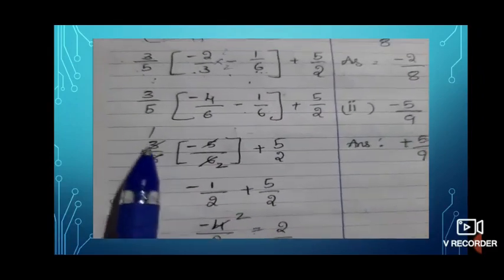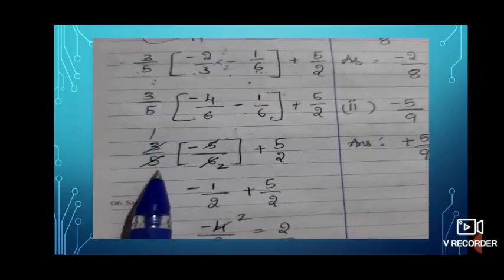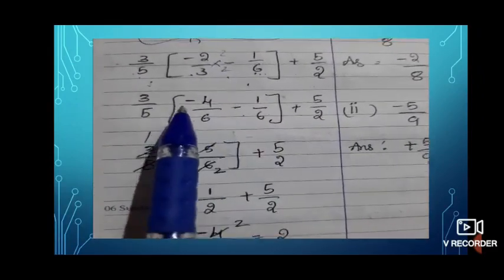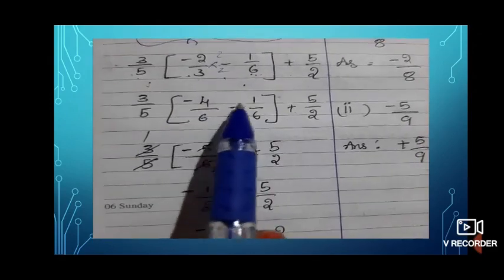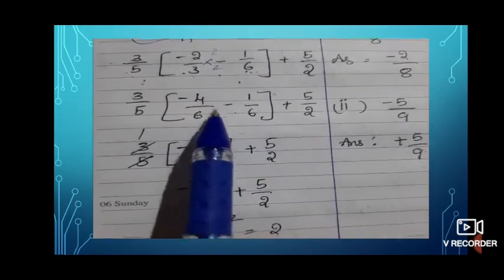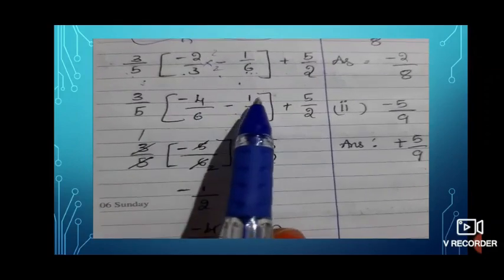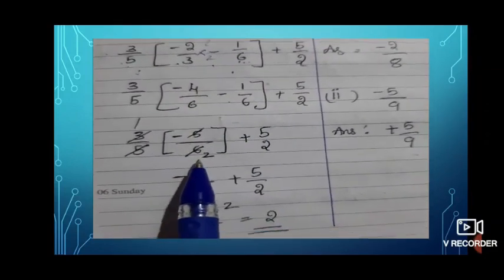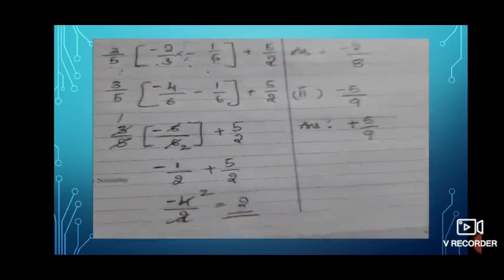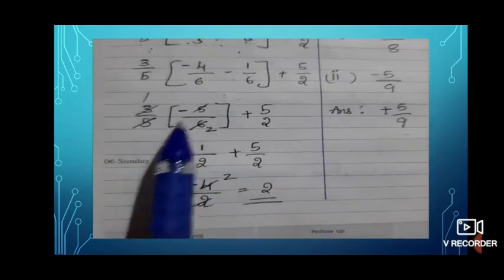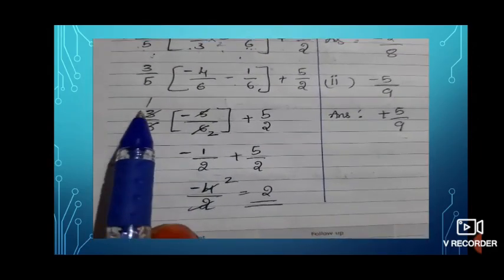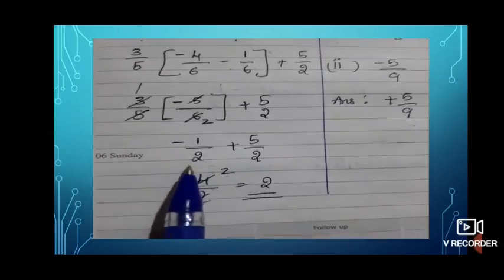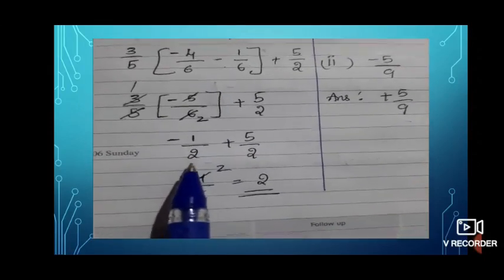Now plus 3 by 5 stays as it is. Inside, because the denominators are equal, we can add the numerators: minus 4 minus 1 is minus 5 by 6, plus 5 by 2. Here 5 and 5 cancel, and 3 ones are 3, 2 twos are 6, so the remaining is minus 1 by 2.